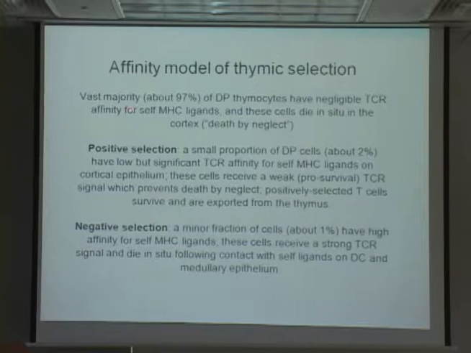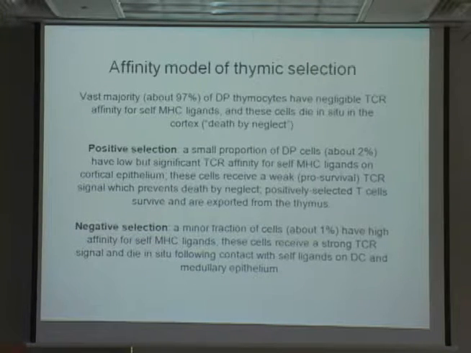This is the so-called affinity model of thymic selection. In other words, the fate of T cells generated in the thymus depends on their relative affinity for the peptides expressed on the MHC molecules expressed in the thymus.